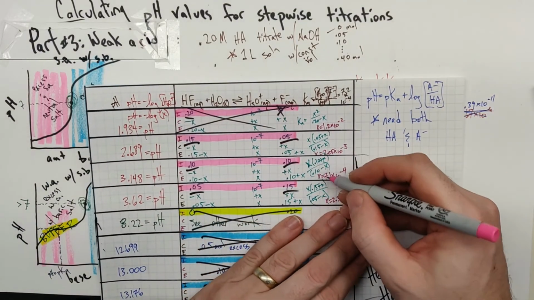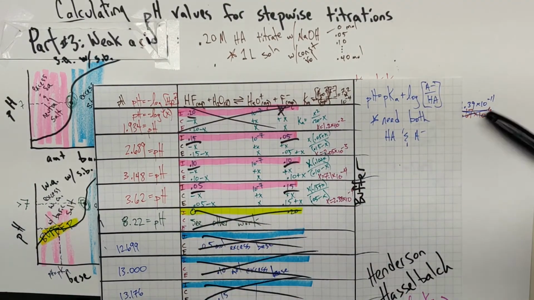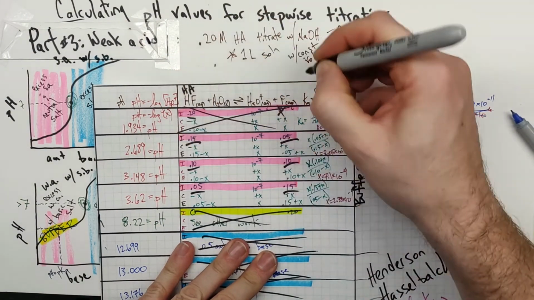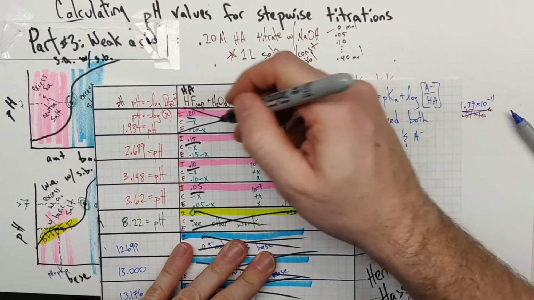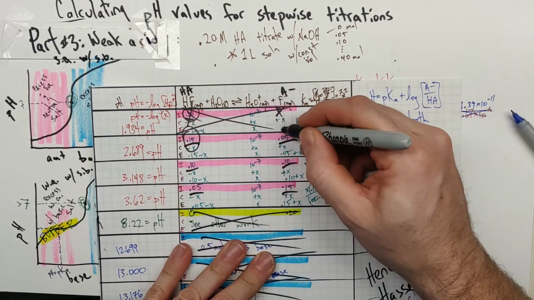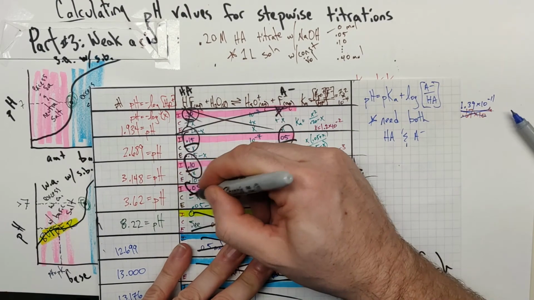So when we set these up, we're going to use our ratios of these numbers, our HA and our A minus. So this and this, this and this, this and this.